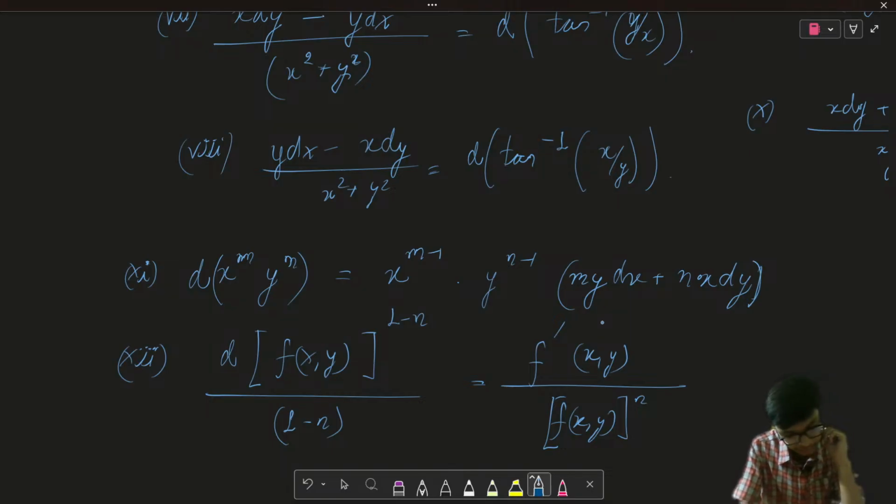Sir, please explain in Hindi, it will be easier to understand. See, I can try to explain in Hindi, but there are certain more people who do not understand Hindi as well, right? So I have to incorporate those people as well in my lectures.